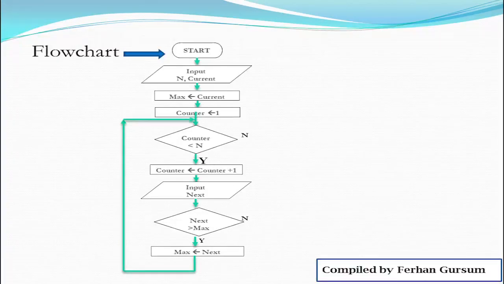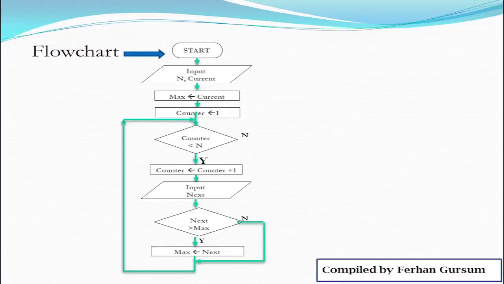It repeats until this becomes false, until counter becomes greater than n. If the answer to "next is greater than max" is no, for example, what will it do? It directly connects to that one.